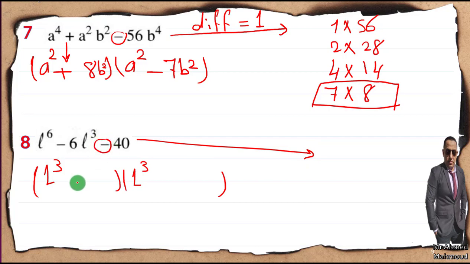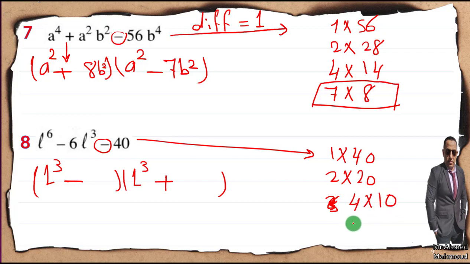Negative, so I'm going to write two different signs, negative and positive, or positive and negative, it's up to you. Okay, 40 divided by 1 equals 40, divided by 2 equals 20, divided by 3, sorry, it's decimal, divided by 4 equals 10, divided by 5 equals 8, divided by 6 decimal. Okay, so I'm going to stop here.